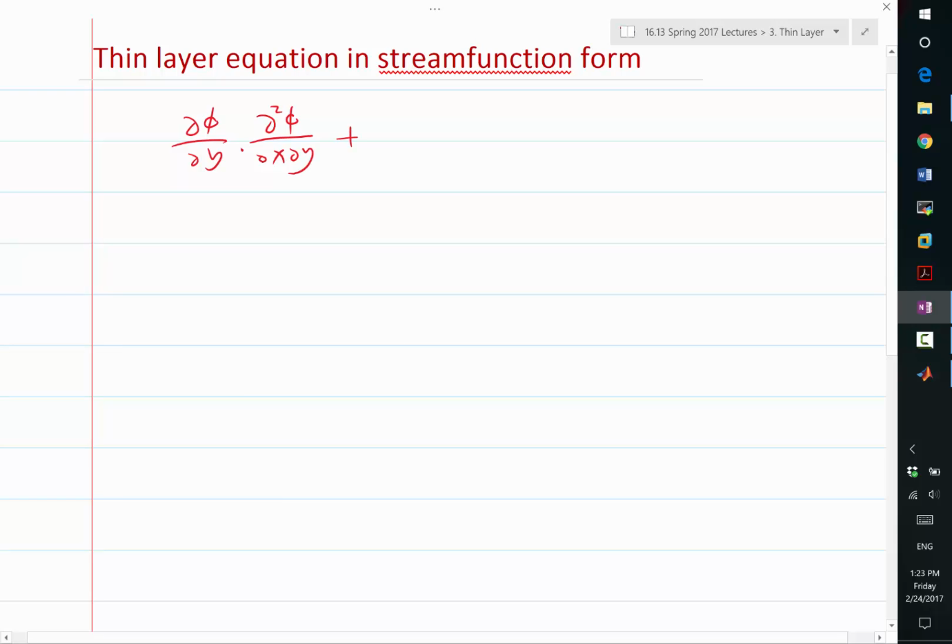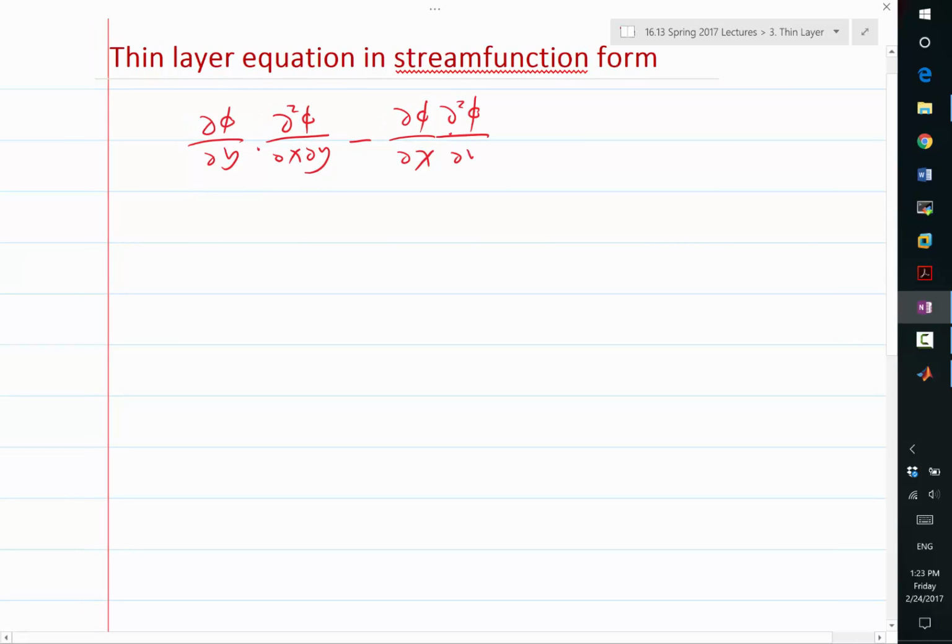Okay, so my v is going to become minus partial phi partial x, and my du dy becomes the second order derivative of phi in the y direction. So this is just substituting the definition of phi into the x directional momentum equation.